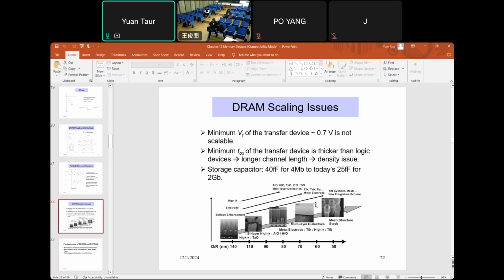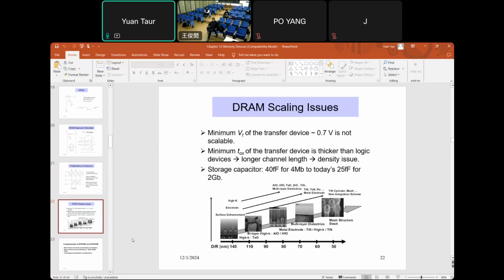And so today we have to get more and more sophisticated in the stacked capacitor technology using the back end of the line. So that's dynamic RAM.